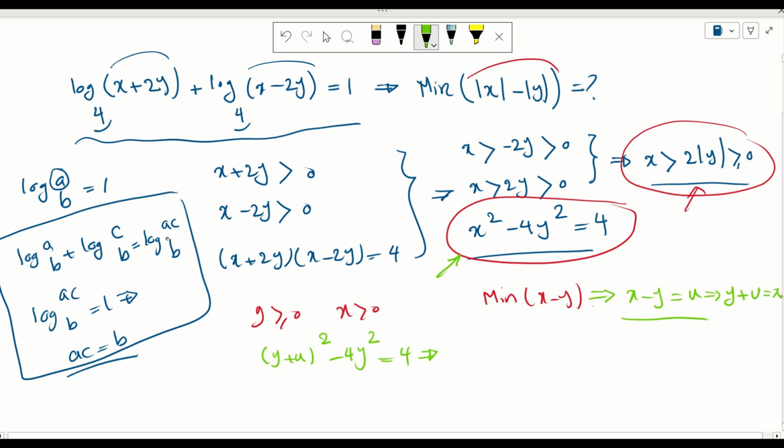Now let's do some simplifications. If we do that, then y squared minus 4y squared is going to end up with negative 3y squared, and then I will have this u squared, and then I will have this 2yu equals 4.